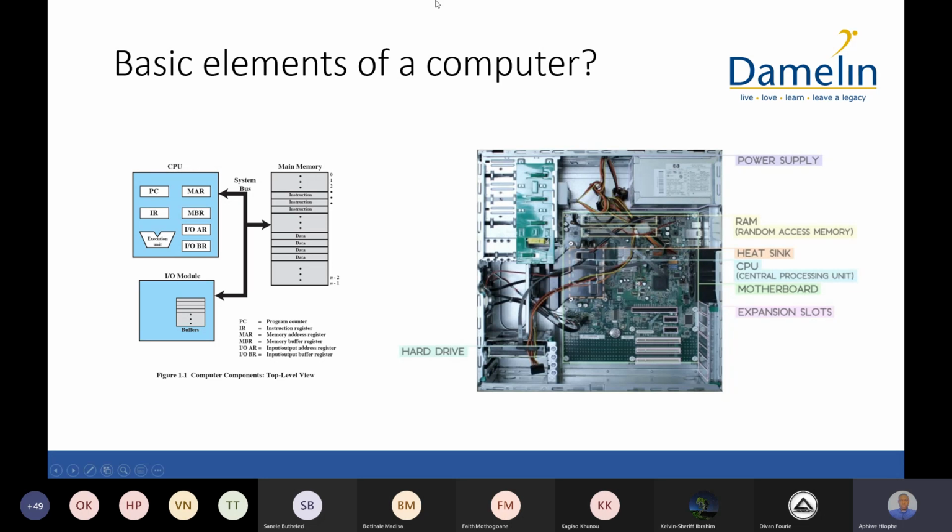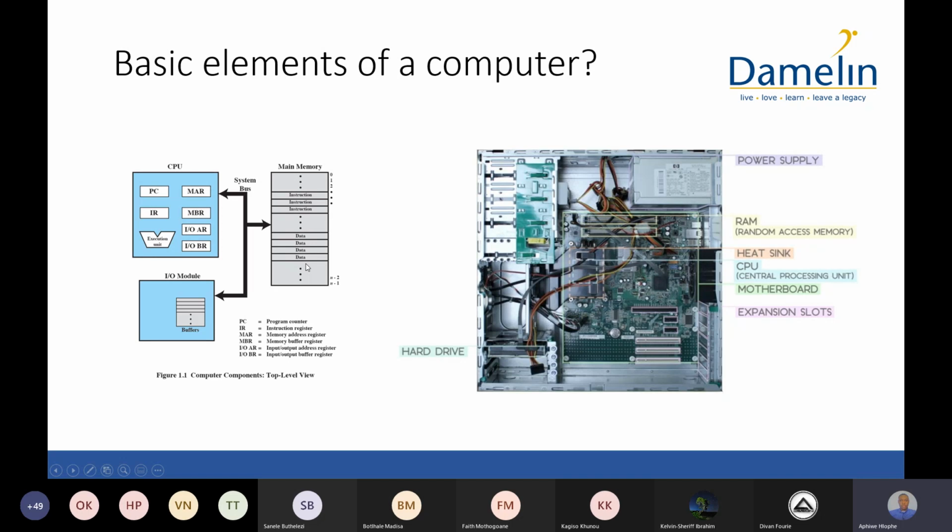We have the CPU, and the CPU is in charge of executing instructions. We will cover it in more detail in the slides that follow. We have the system bus, which is like the pathway which the data travels between the different components.